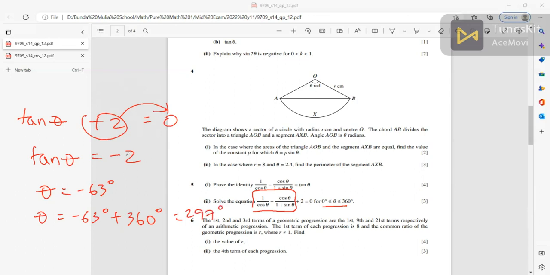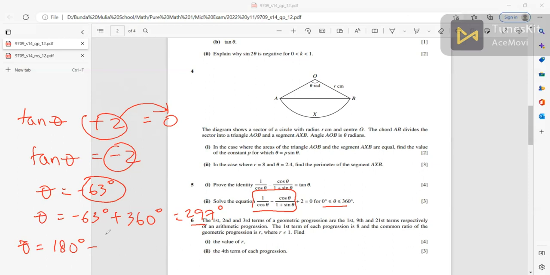And then we have to know that the tan theta here it is minus. So for the tan it is minus. Instead that we have the angle in quadrant 4, we have to find also the angle in the quadrant 2. To find the angle in the quadrant 2, I usually use 180 degree minus the value that I got from the calculator, but I do not use the minus.